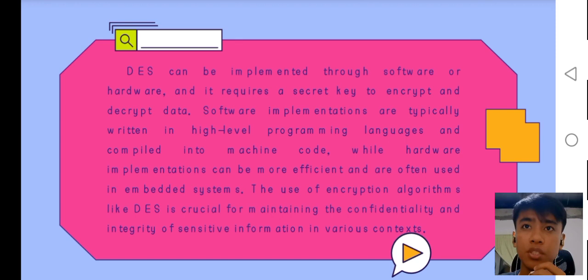Software implementations are typically written in high-level programming languages and compiled into machine code, while hardware implementations can be more efficient and are often used in embedded systems. The use of encryption algorithms like DES is crucial for maintaining the confidentiality and integrity of sensitive information in various contexts.